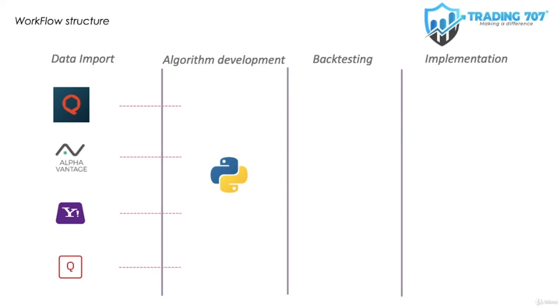Once we are satisfied with our algorithm, we will do some backtesting. Essentially, we are going to cover 2 types of backtesting. First of all, we will backtest with our Jupyter Notebook, which means with Python.